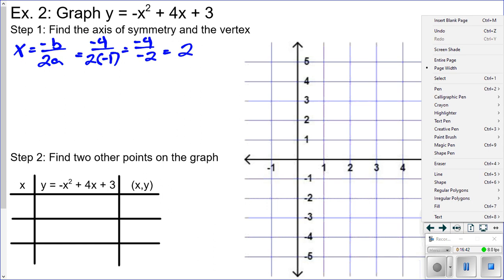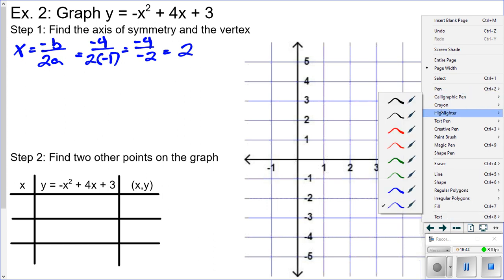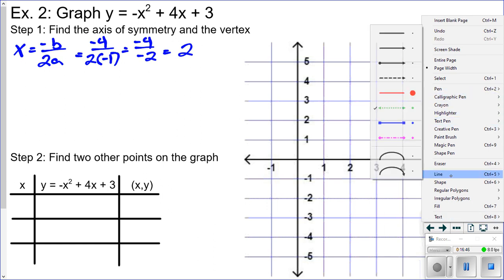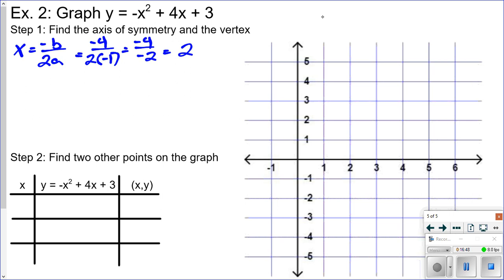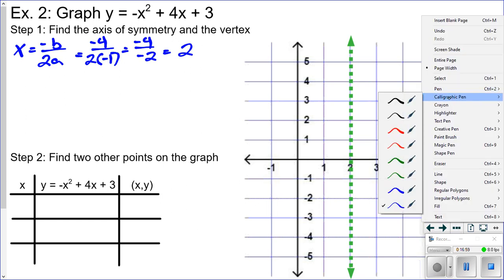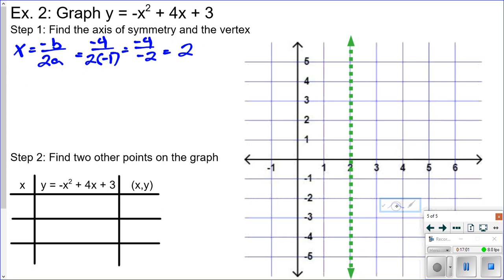So let's go ahead and throw a line in there, just because I think it makes it easier for everyone to visualize this. So here's my axis of symmetry. Here we go. I wish I had a tool that drew parabolas. That would be really helpful to me. All right, so let's go back and find the vertex. So remember, the vertex, we have the x value.